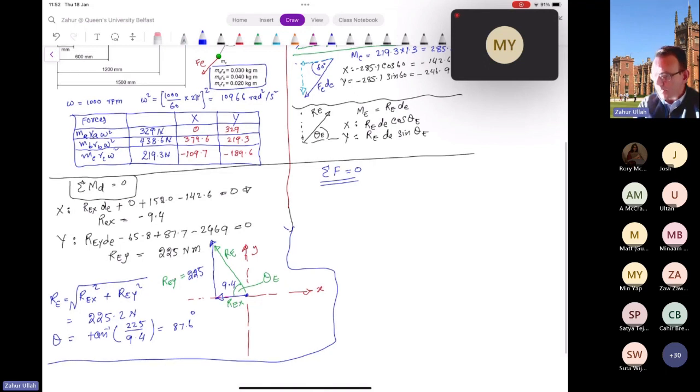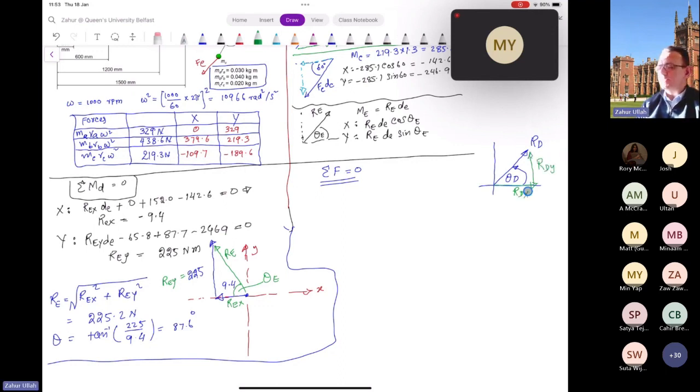Because now we need to calculate again this reaction at D, which is unknown, we will assume that RD is in the first quadrant, and this will be the theta D. If you assume this in the first quadrant, this will be the RDX, and this will be the RDY.